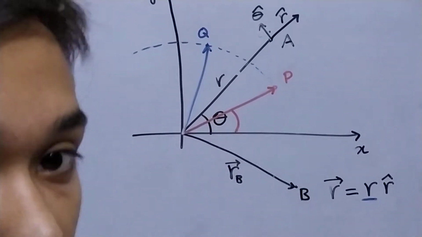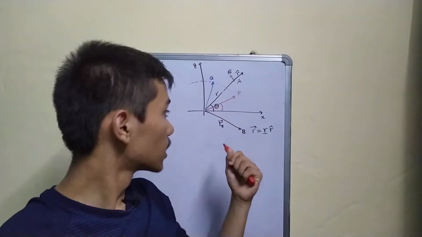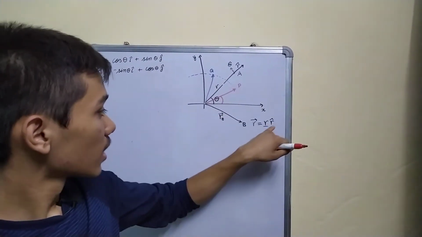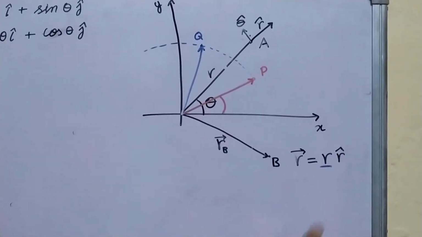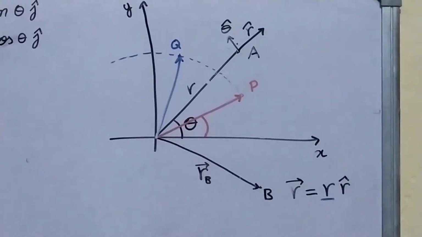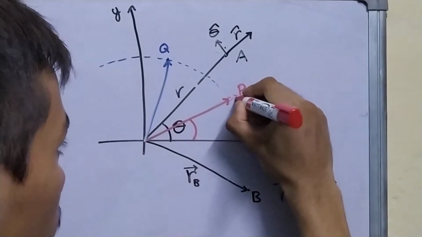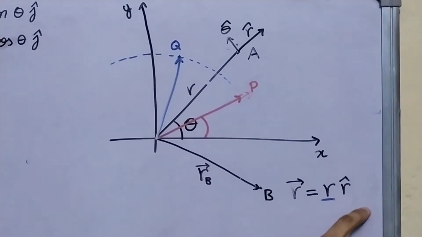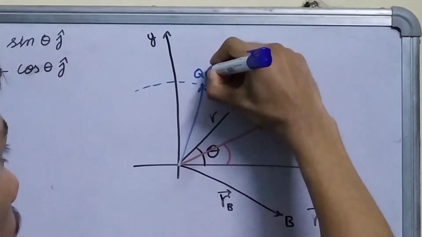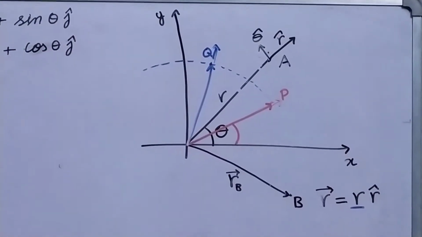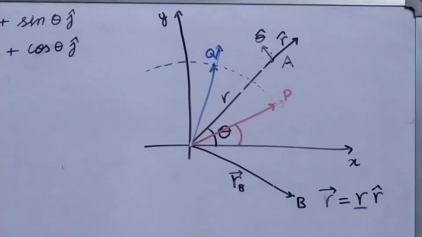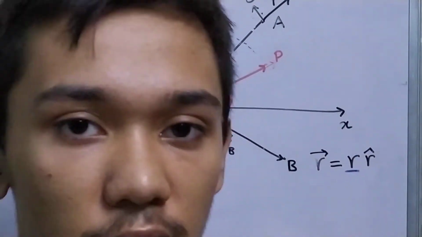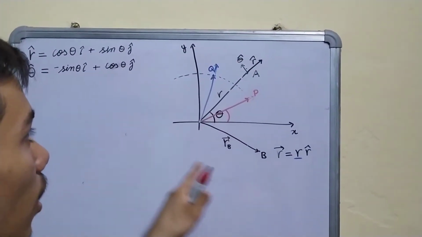But the thing that makes a difference is this r cap vector. The r cap vector for particle P will look something like this, but the r cap vector for particle Q will look like this. So the r cap vector changes as you move on the plane.